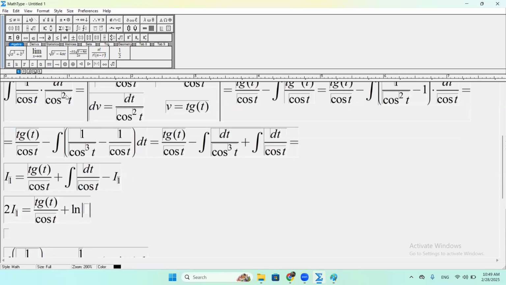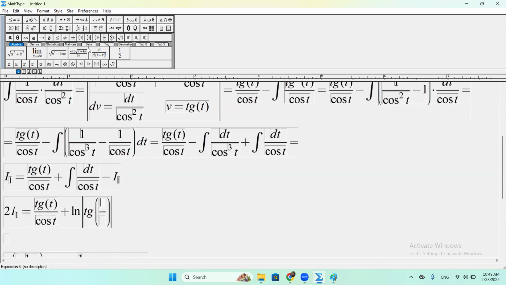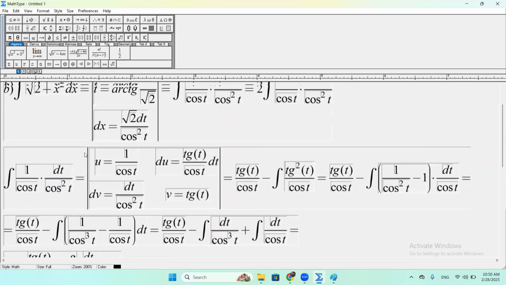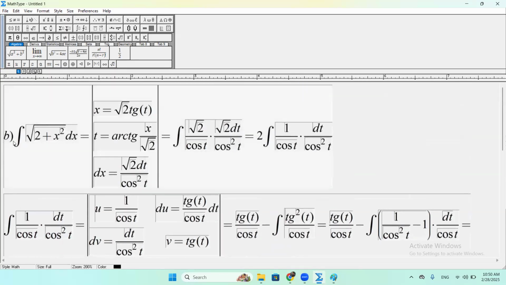Tangent of x over 2 plus pi over 4 plus c. And actually it equals this initial integral.